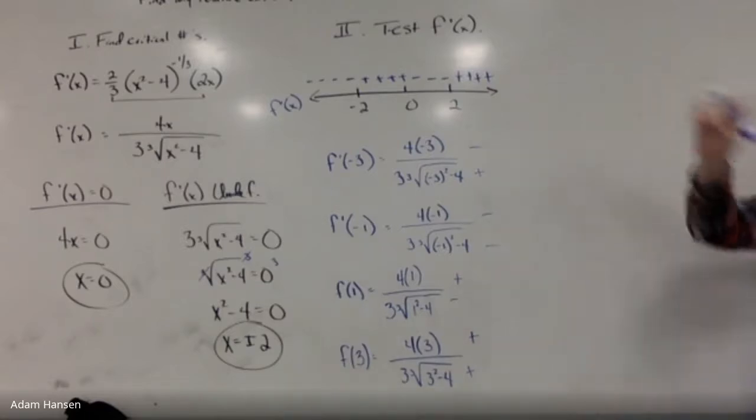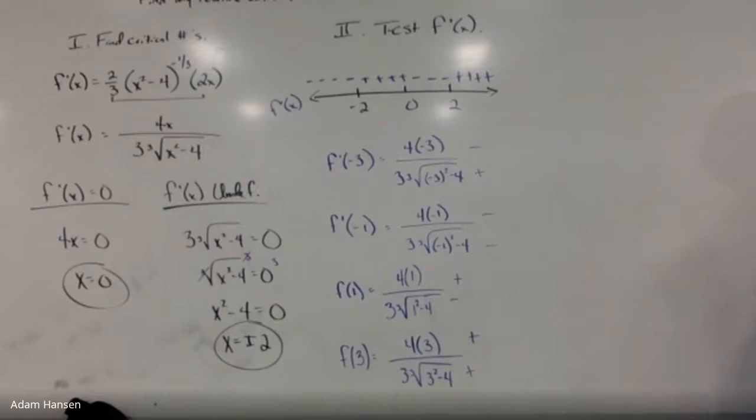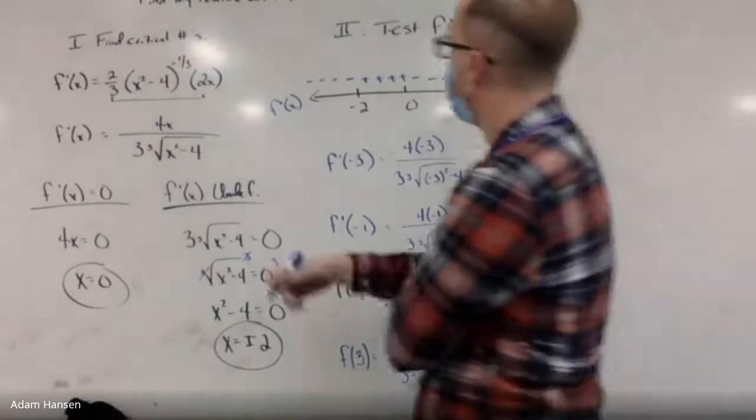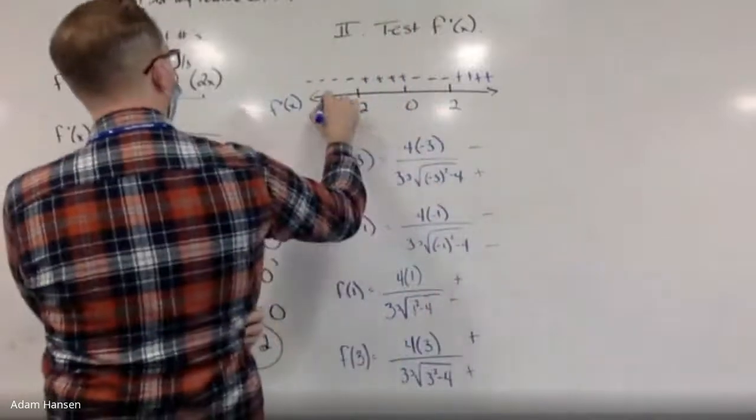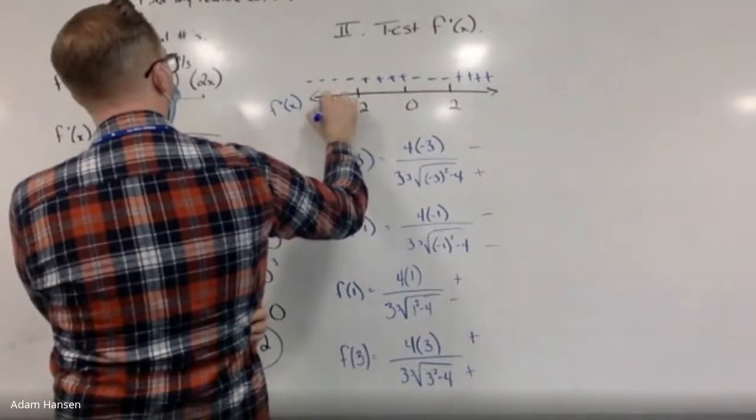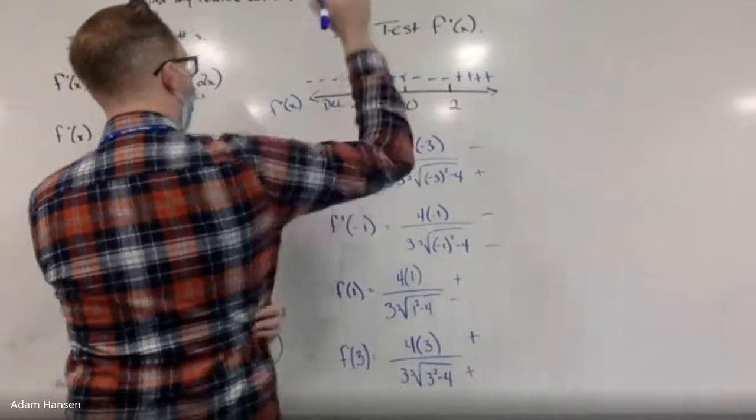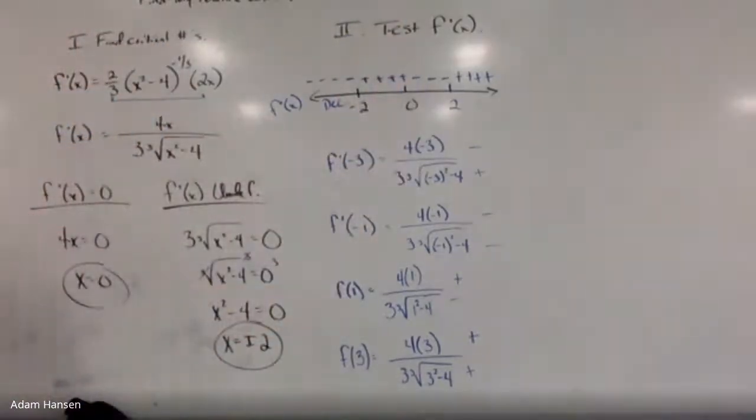Use our notes from the other half of the board. From -infinity to -2, is our function increasing or decreasing? The sign of the first derivative is negative. From -2 to 0, our next interval, is the function increasing or decreasing?